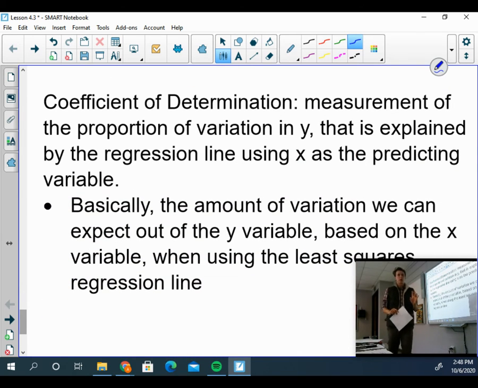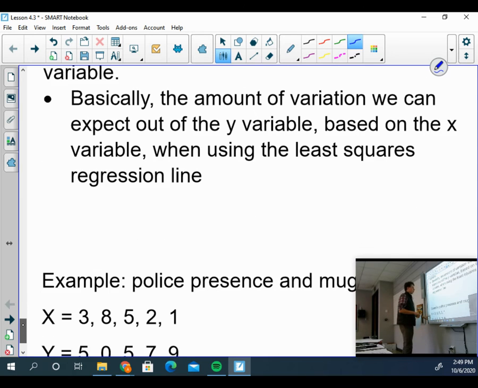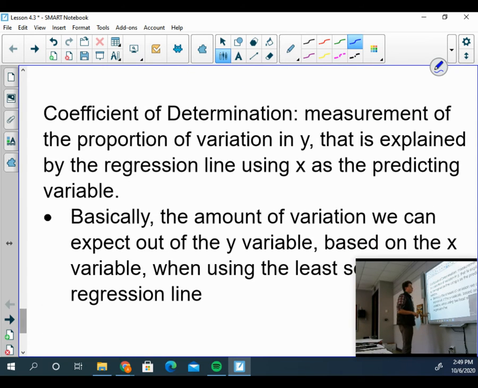Not only do we have the correlation coefficient R, but we have the coefficient of determination. It is the measurement of the proportion of variation in Y that is explained by the regression line using X as the predicting variable. What in the world does that mean? Basically, it is the amount of variation we can expect out of the Y variable based on the X variable when using the least squares regression line. Here's what you need to know.